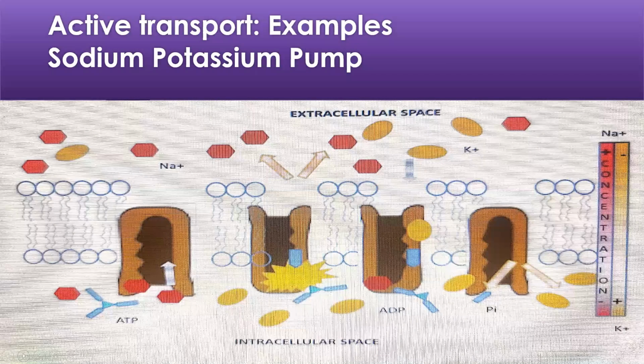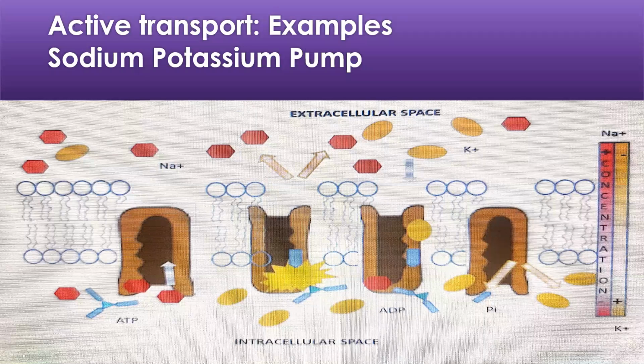Now the second type of transportation is active transportation. It is the transportation of molecules across the plasma membrane against their concentration gradient. So if we are moving something against the concentration gradient, ATP, an energy source, is utilized to drag these molecules against the concentration gradient.